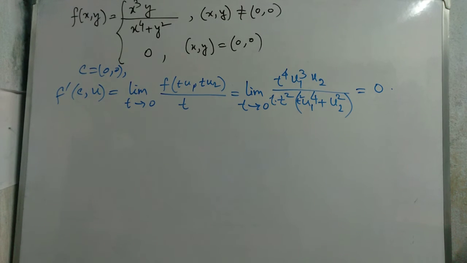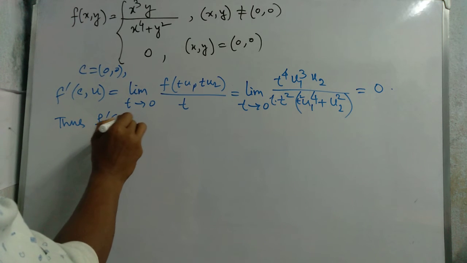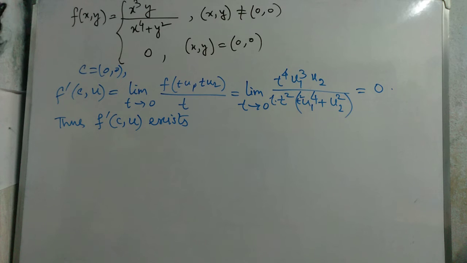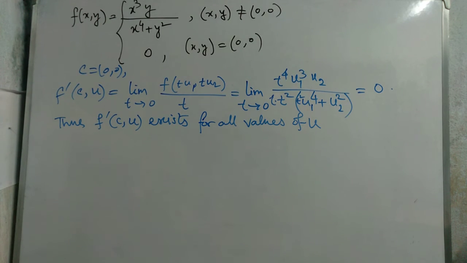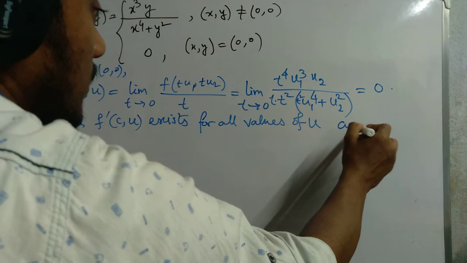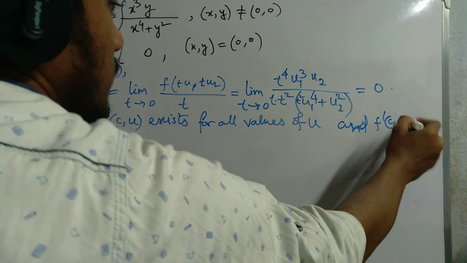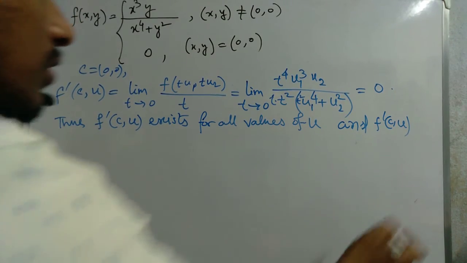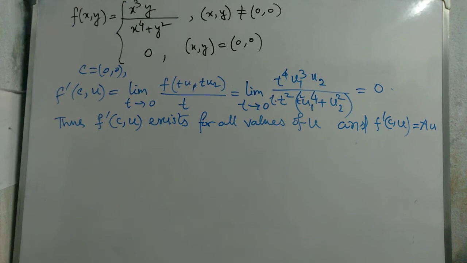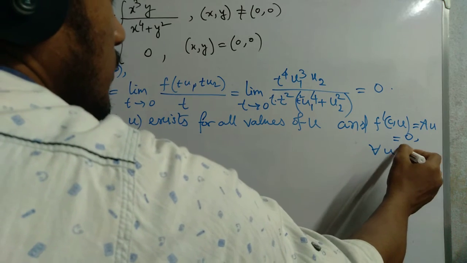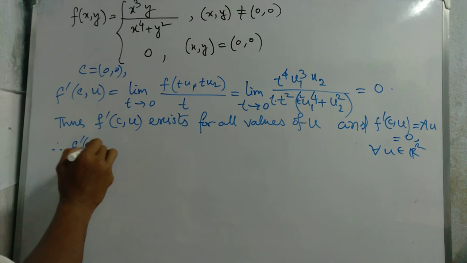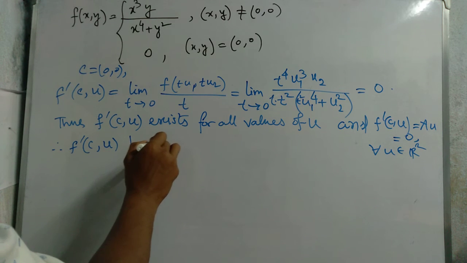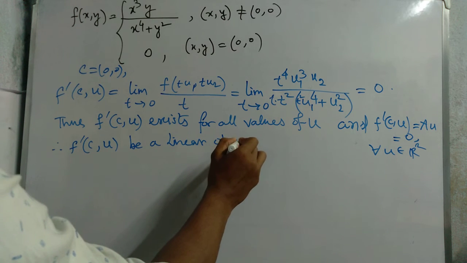Okay, then thus f'(c)u exists for all values of u, and f'(c)u equals a u equals 0 for all u belonging to R squared. Then f'(c) is a linear operator.